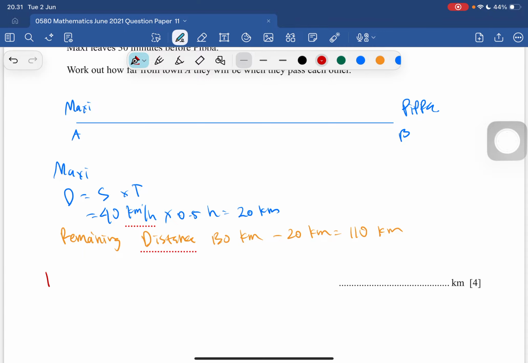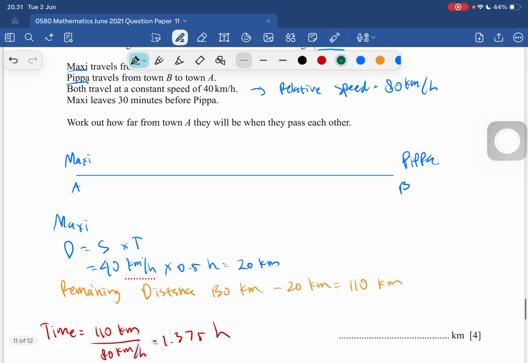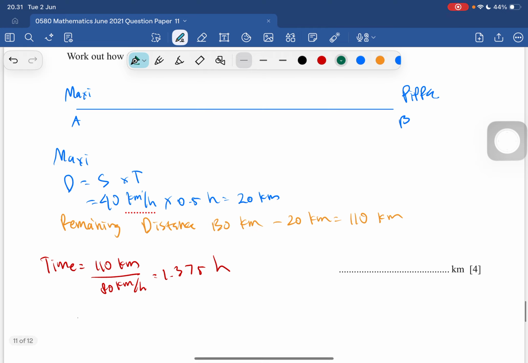So the time when they meet is 110 km divided by 80 km per hour. So here is 1.375 hours.